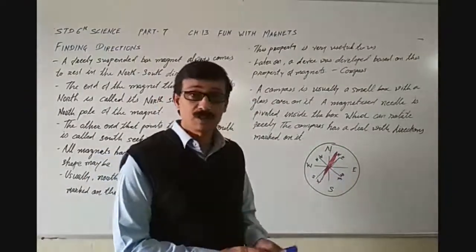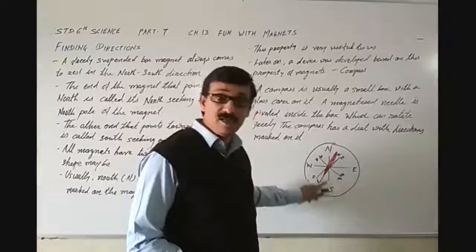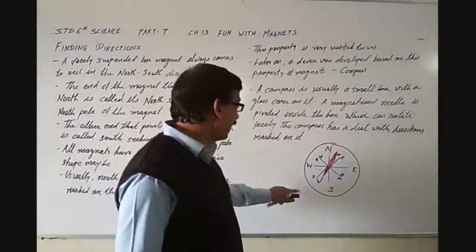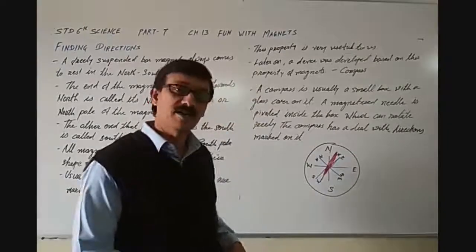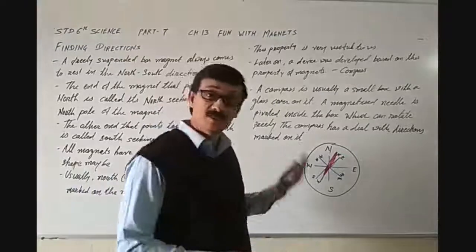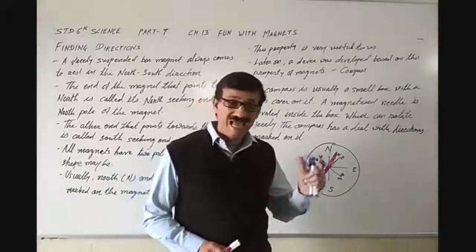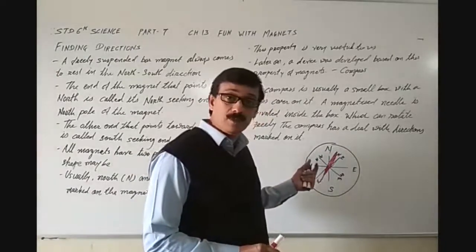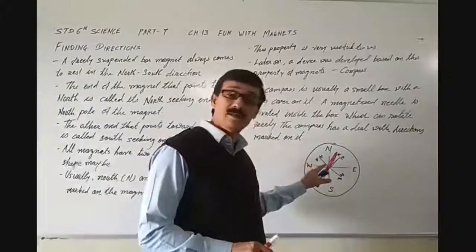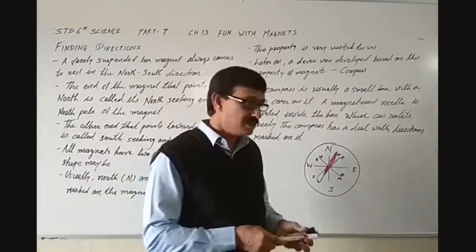The compass box has a dial that looks something like this, and the needle will rest in the north-south direction, and that is how they come to know which direction is north and which is south. In this one, the dial and needle can both rotate very freely, so that the needle direction will be north and the other direction will be south.